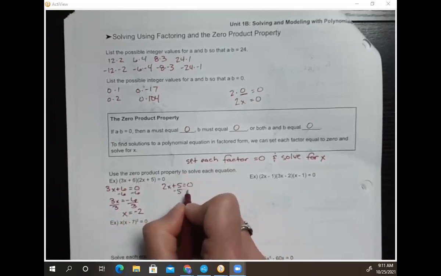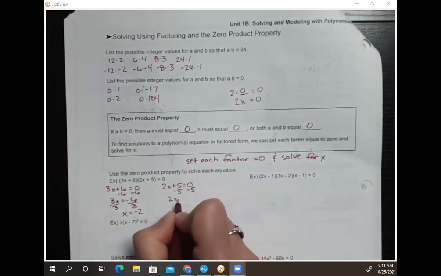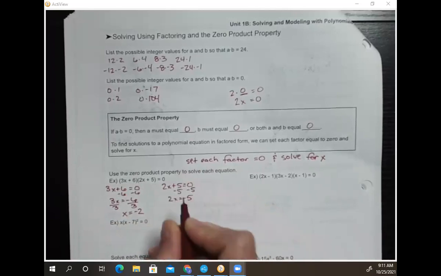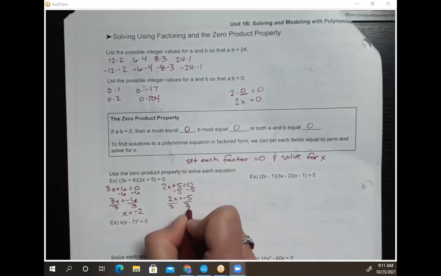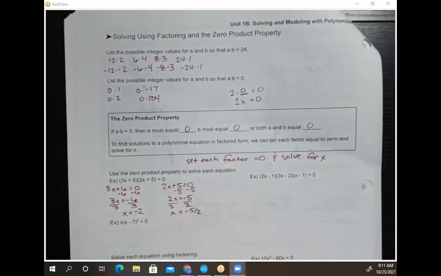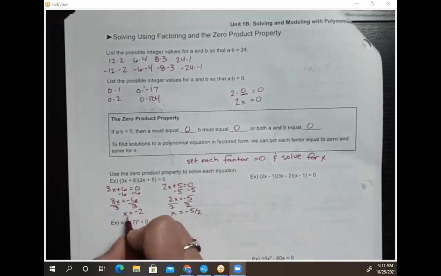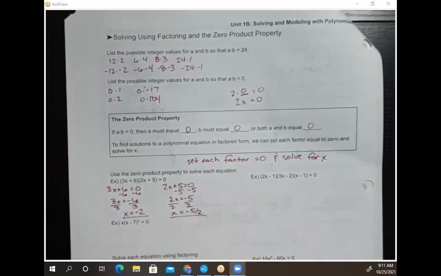Over here, I'm going to start by moving that 5 to the other side. I get 2x equals negative 5. Divide both sides by 2, and I get x to be negative 5 over 2. There are my two solutions. If we graph this, those would also be our x-intercepts.